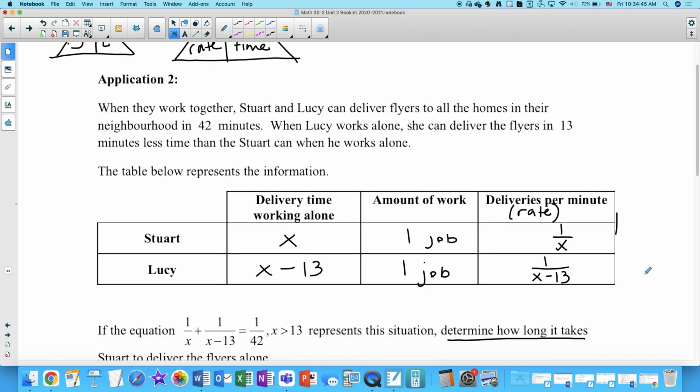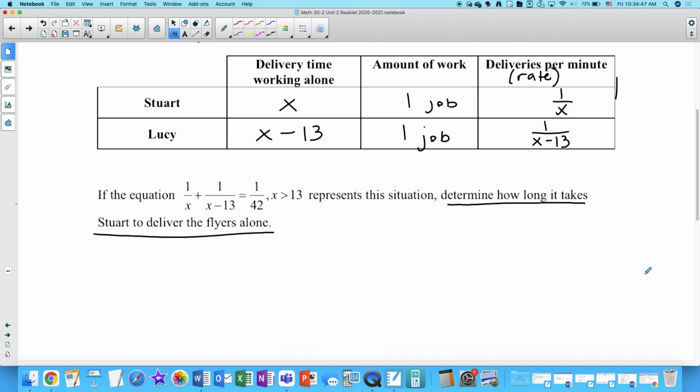So when you look at this equation, in 30-2, most of the time the equation will be given to you. There will be times when you have to come up with it yourself, but that's a standard of excellence question. So most of the time, the equation will be given to you. If you look at this equation, 1 over x plus 1 over x minus 13 equals 1 over 42.